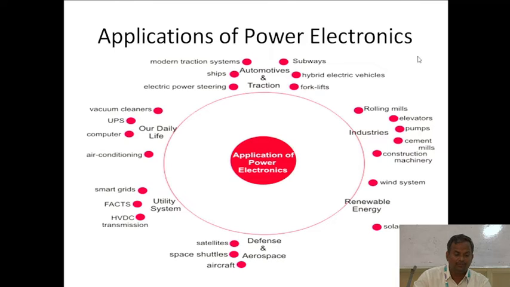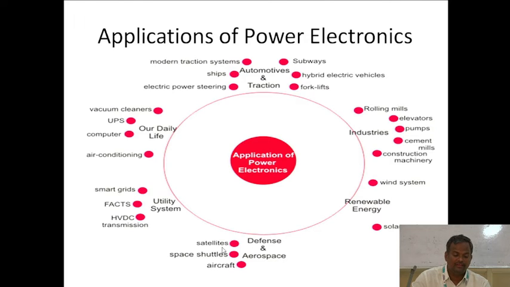For example, in advanced applications like subways, hybrid electrical vehicles, forklifts, rolling mills, elevators, pumps, industries, cement mills, construction machinery, wind systems, and all the renewable energy systems, whether solar, wind, or tidal, all the renewable energy sources use power electronics for proper operation and smooth control.